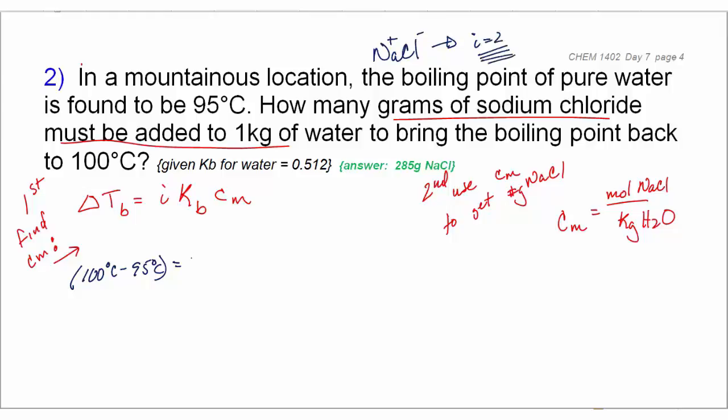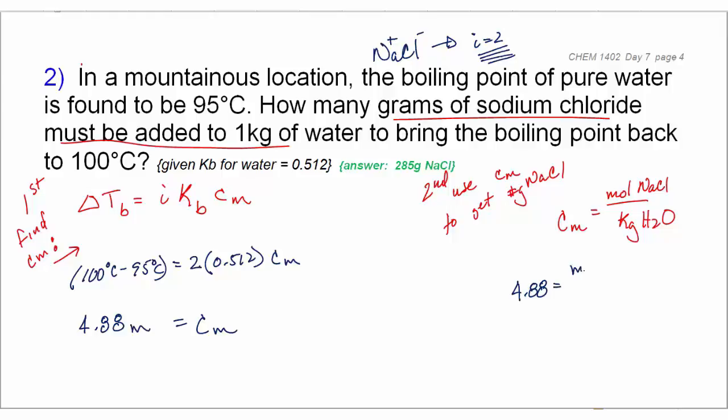I have 2 ions. The ebullioscopic constant is 0.512, and I'll solve for my molality. So 5 divided by 2 divided by 0.512, about 4.88 molal.